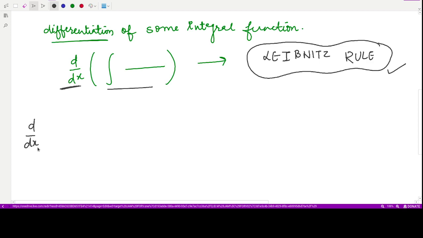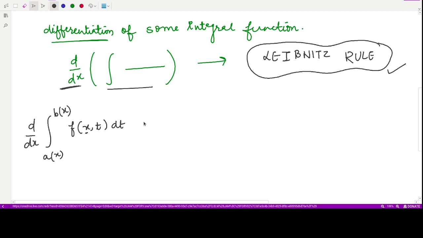If we want to calculate the derivative with respect to the variable x, and the integral function is given to be some function in two variables, say f of x and t dt, and the limits could be anything. I'm saying the limits are functions of x. The lower limit is also a function of x, and the upper limit is also a function of x.